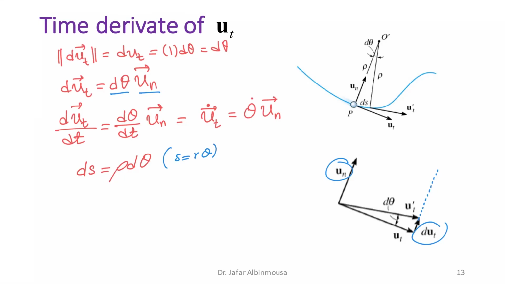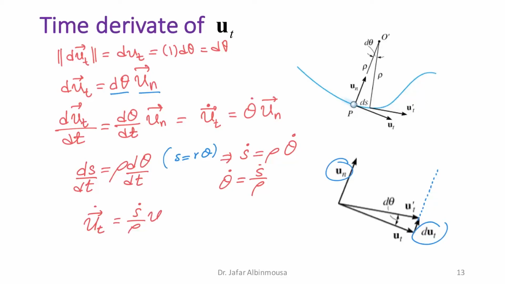If I divide both sides by dt, I get S dot equals rho theta dot. So now I can say that theta dot is equal to S dot over rho. And then I can say that u_t dot is equal to S dot over rho multiplied by u_n. And there I am getting rid of theta dot.